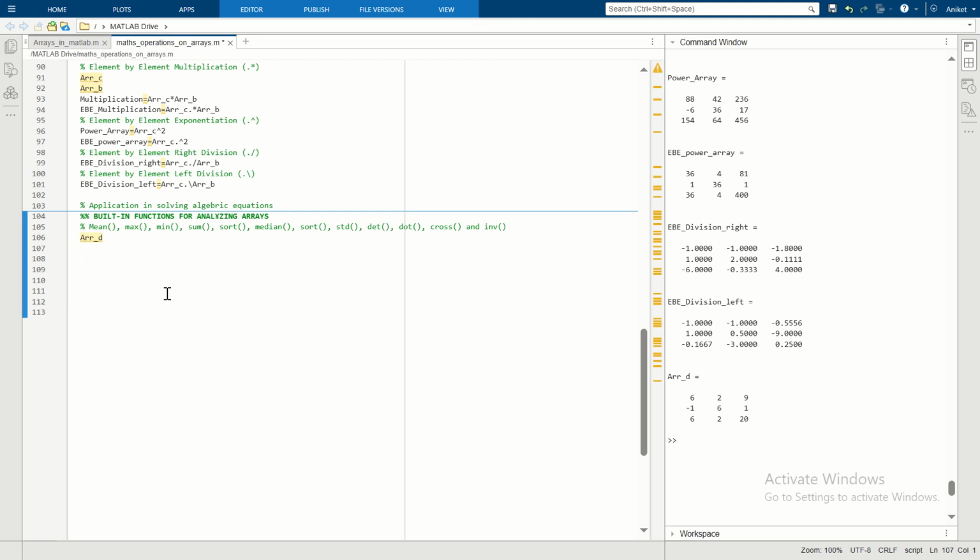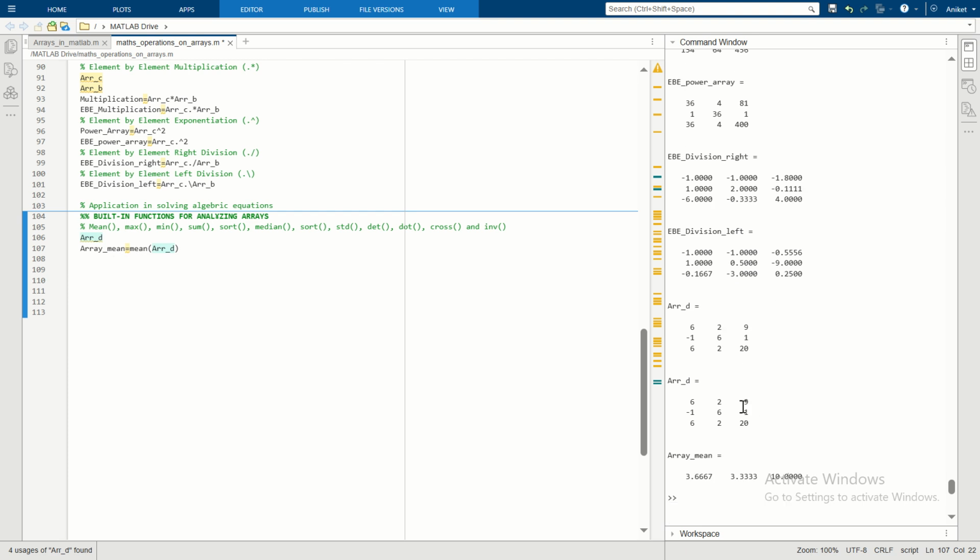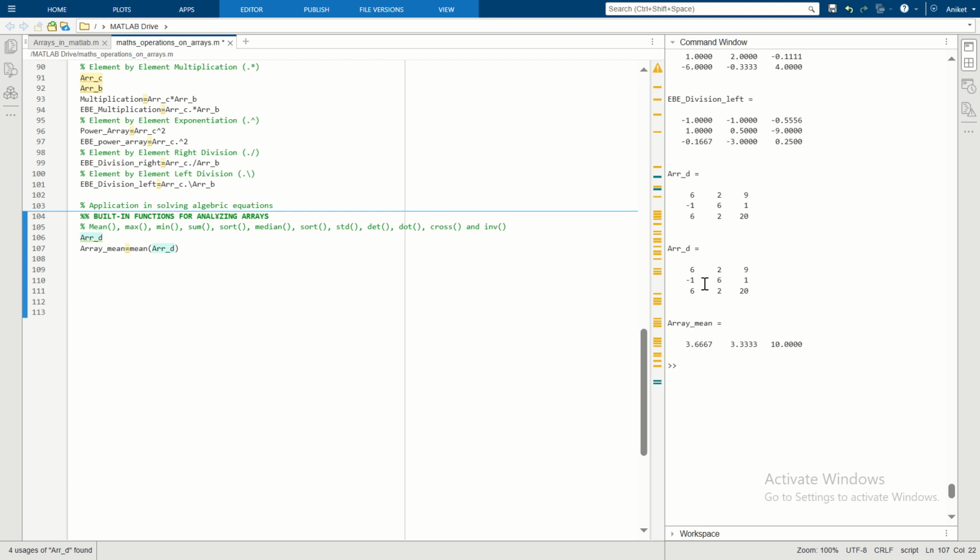So let's say array mean is equal to mean of AR underscore D. Now if we perform this, you can see here this is how you can find out the mean of the columns. So 6, 16, we'll add these things and take an average, so we'll get the mean. So this is mean.